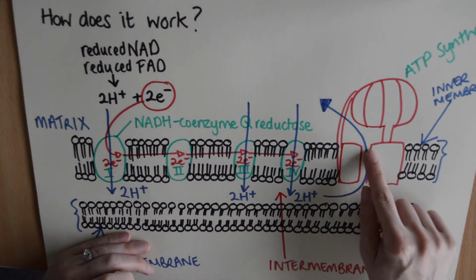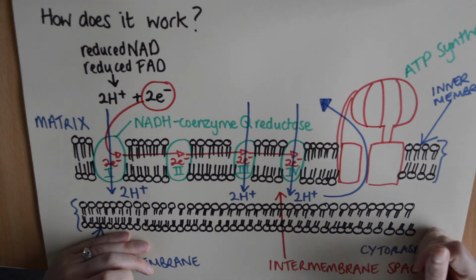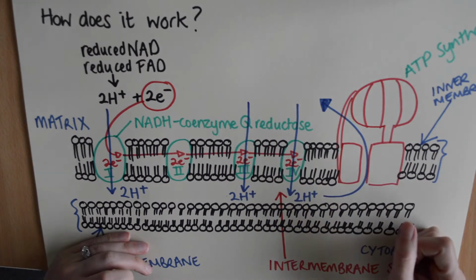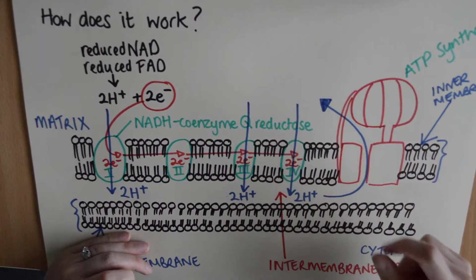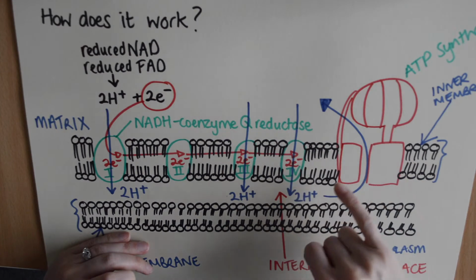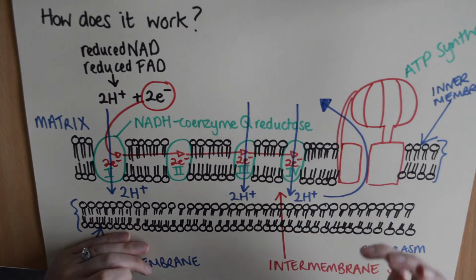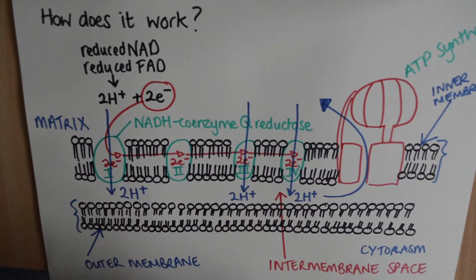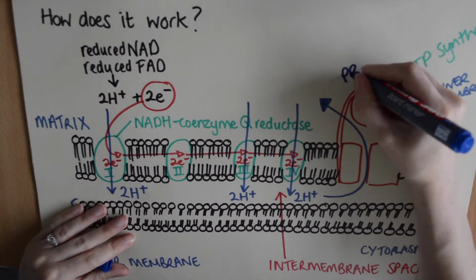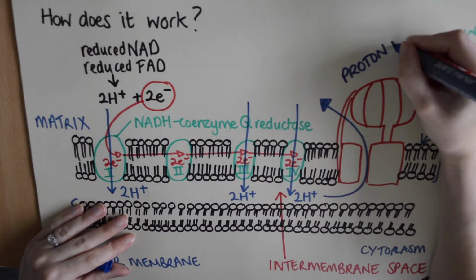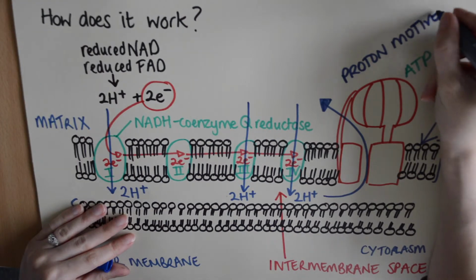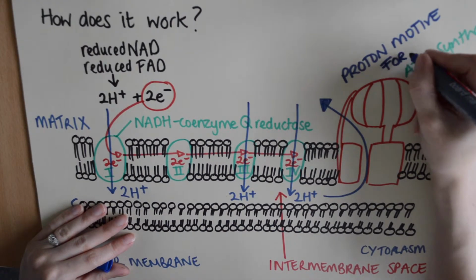So those protons will flow through this channel protein associated with the ATP synthase, and as they flow, they produce what's known as a proton motive force.